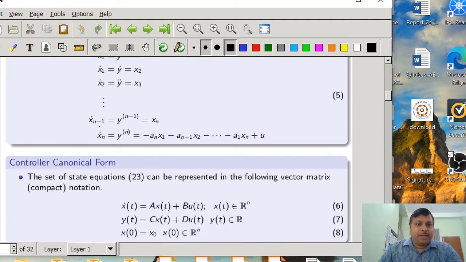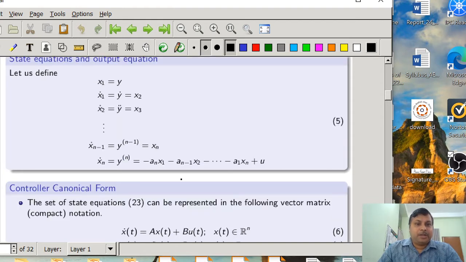If we want to construct xn dot, that is the nth derivative of y, then we require the information of x1. What is x1? x1 is y, and x2 is y dot. So we require y dot, y double dot, up to y's n minus 1th derivative.